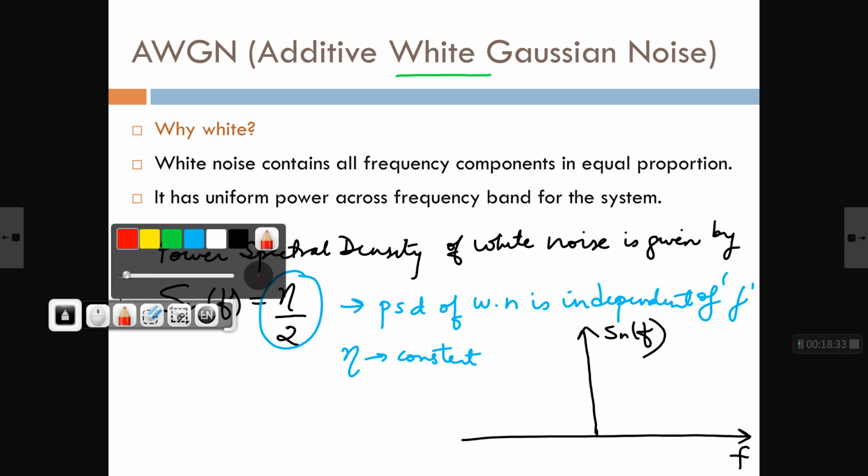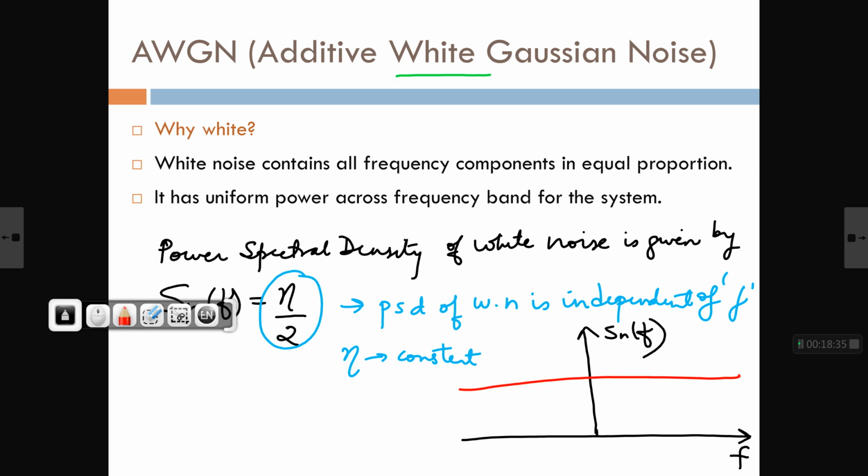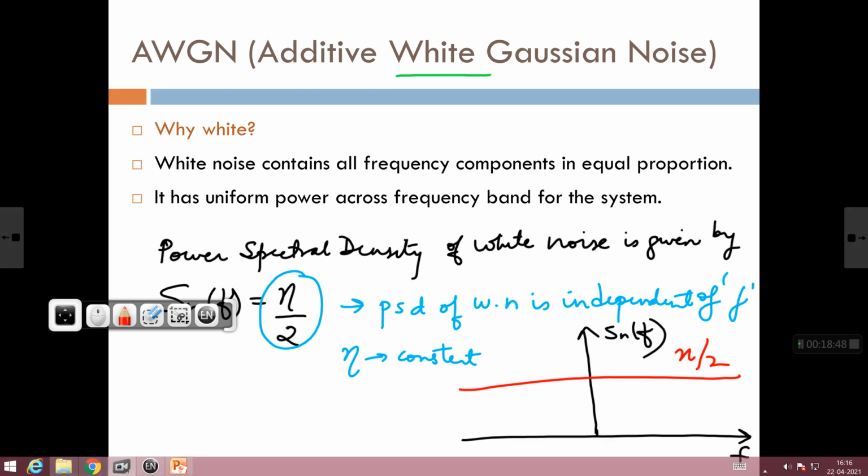And this graph would be flat, that is a constant, and this value is nothing but eta by 2. So this means that this particular white Gaussian noise is constant at all frequencies, positive as well as negative.